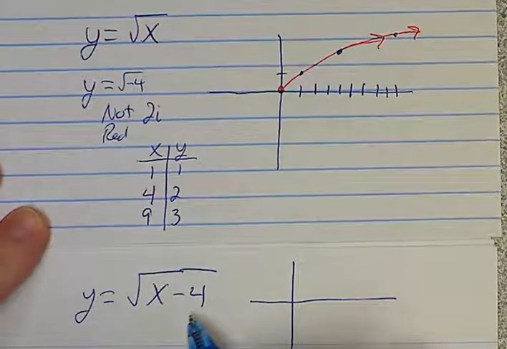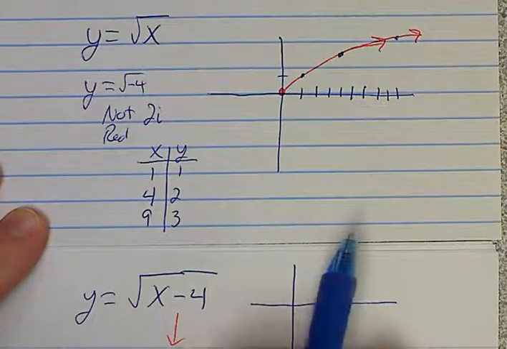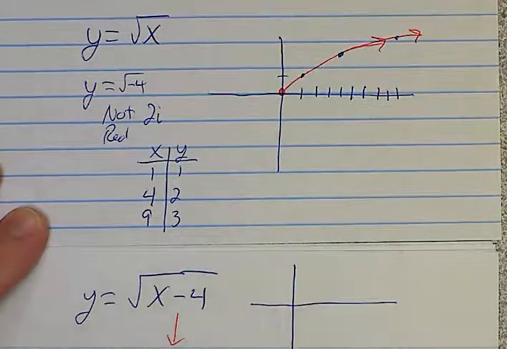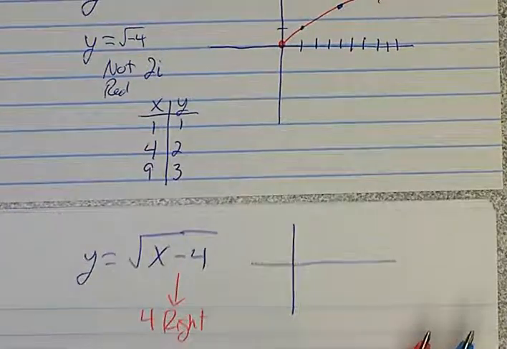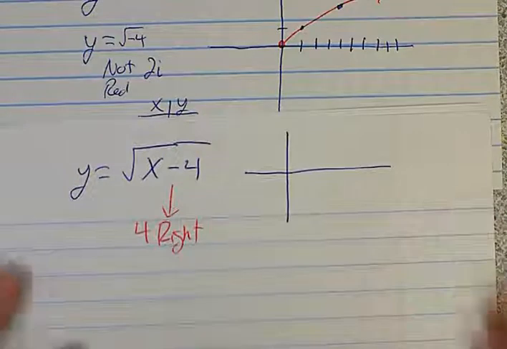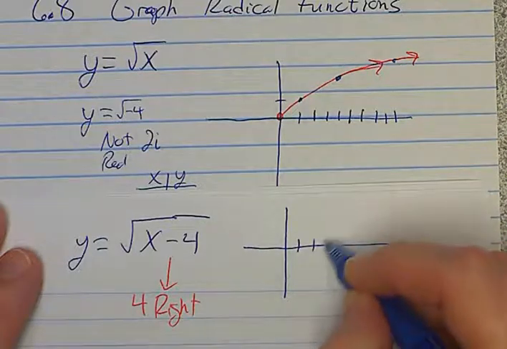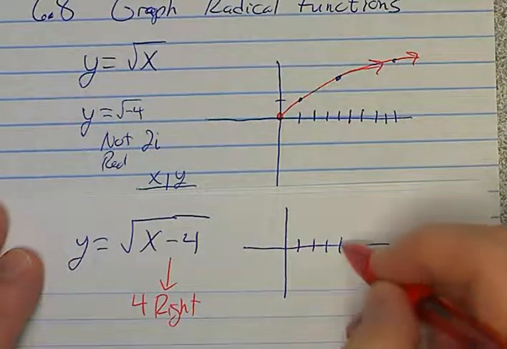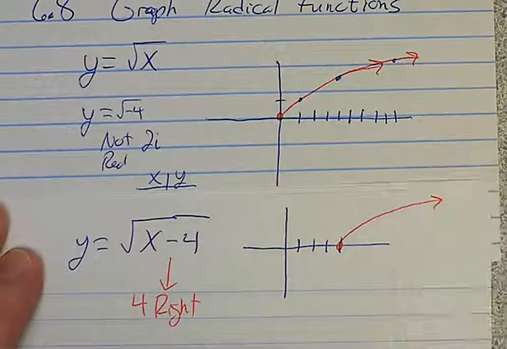So we're going to take this graph we have, and we're going to shift it 4 spaces to the right. We would take this exact same graph, but instead of starting at 0, 0, we're going to start at 4. And it's going to have that same exact curve that's going to go off in that direction.